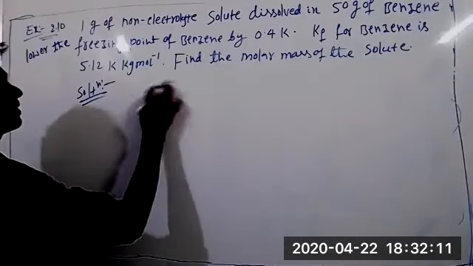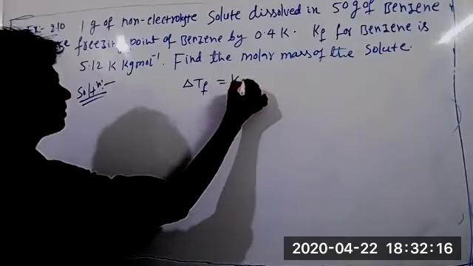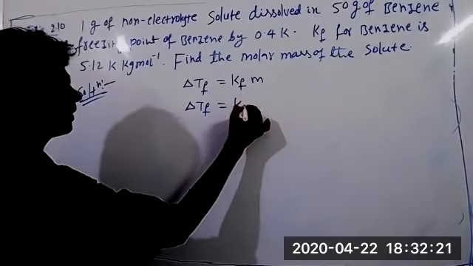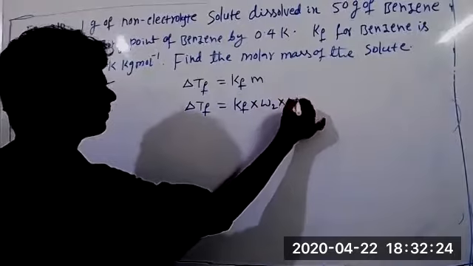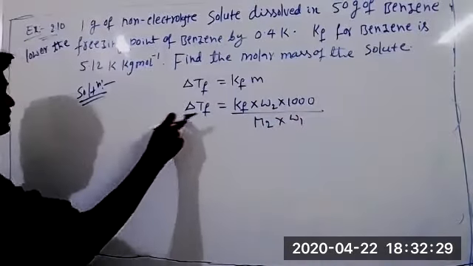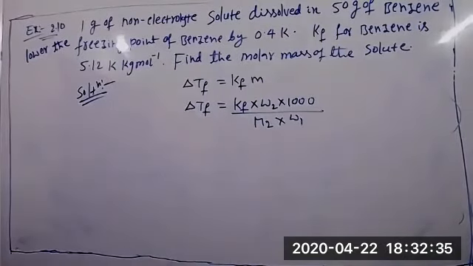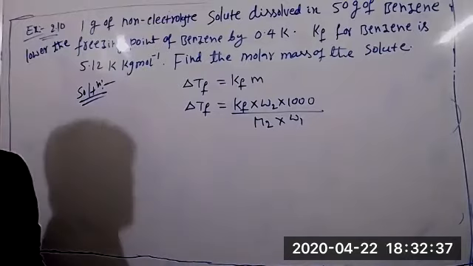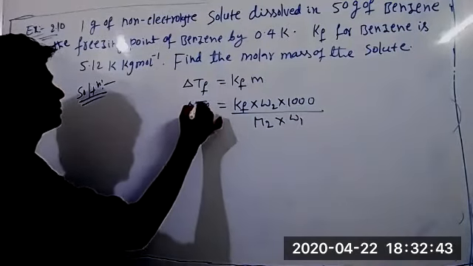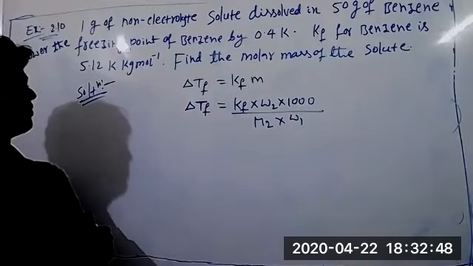First of all, write the formula. Delta Tf is equal to Kf into m. Delta Tf is equal to Kf into W2 into 1000 by M2 into W1. Harsh, what is the delta Tf value here? Read the question carefully, you can get the value of delta Tf. 0.4, sir.